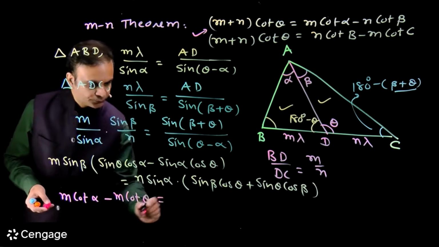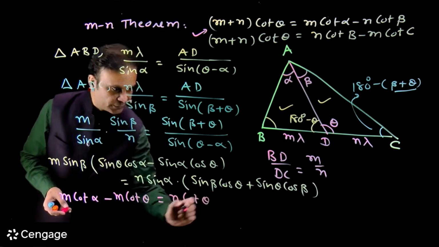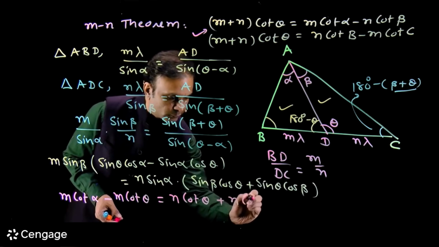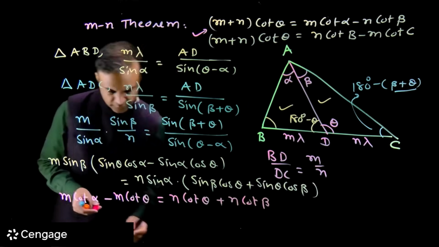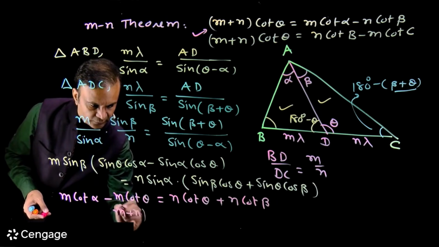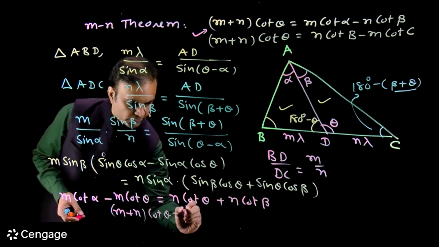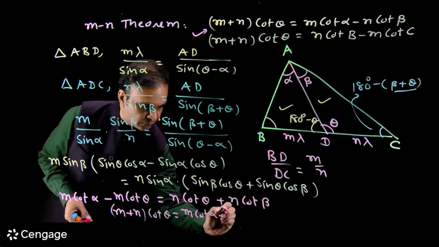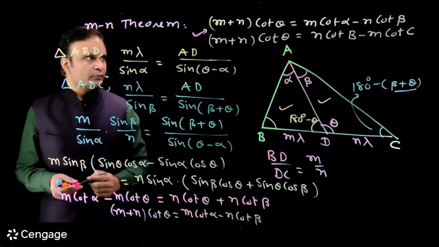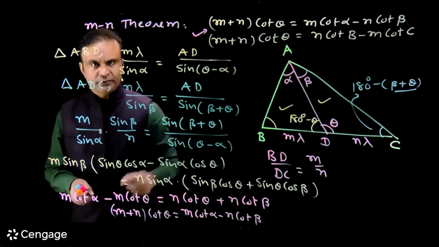This is equal to n multiplied by cot theta plus n multiplied by cot beta. Okay, so from this we get (m plus n) cot theta is equal to m cot alpha minus n cot beta. So this is the first formula, the formula for the MN theorem.